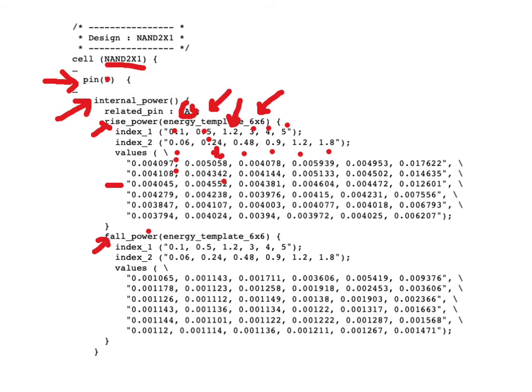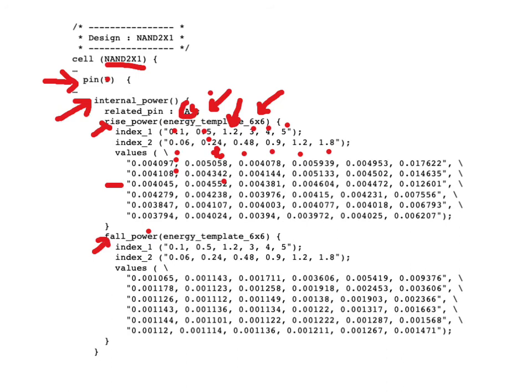So 0.004552 nanowatts is consumed on every rise transition at input pin A that leads to an output pin transition for a NAND 2 gate that has 1.2 picofarads output capacitance, and the rise transition at the input is 0.24 nanoseconds.